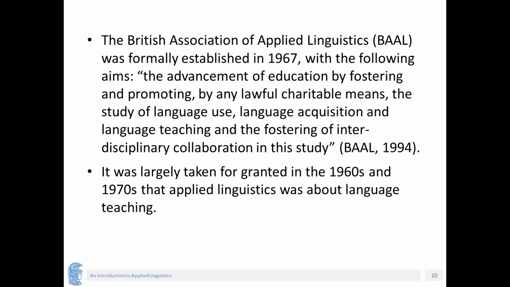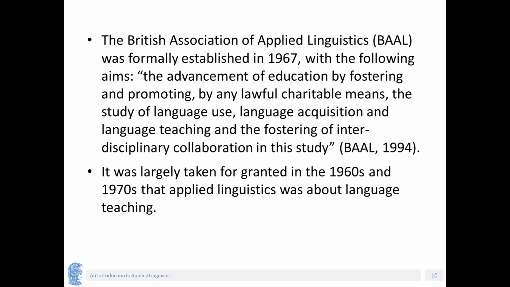From this slide, in England in 1967, a particular association was established for applied linguistics, and that is called the British Association of Applied Linguistics, BAAL.